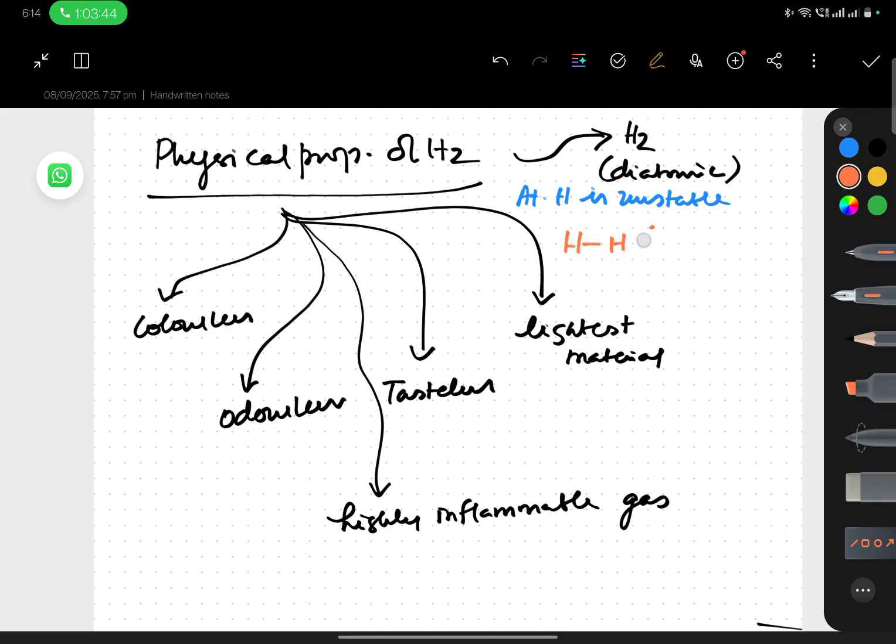And hydrogen has no polarity, so it is non-polar in nature. Finished, Amma? Yes, sir.